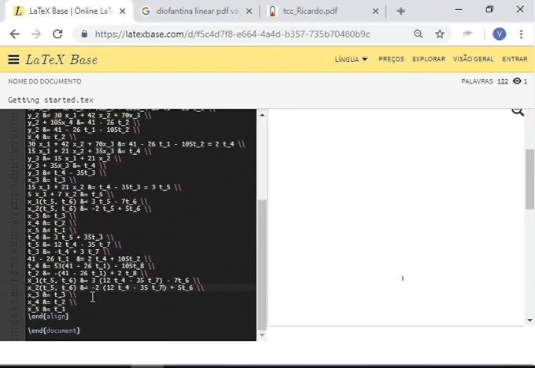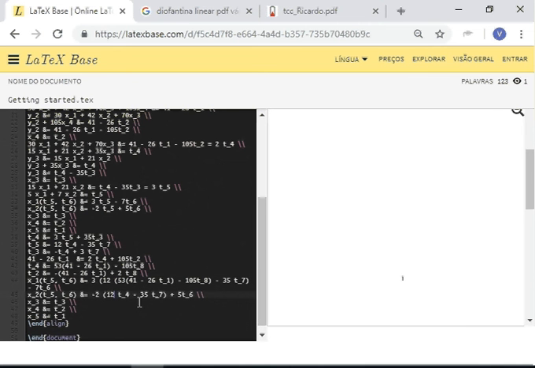T5 is T4. T4 is T1. Here is T4. Now here is T4.